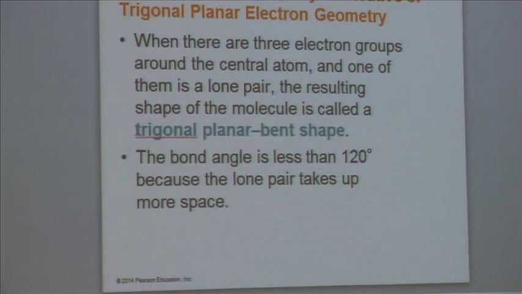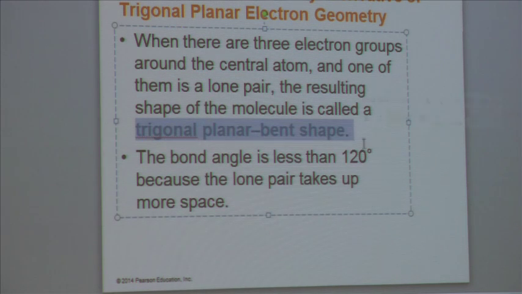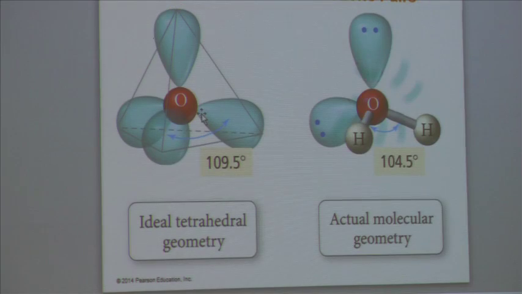So we also can have a trigonal bent planar, such as, here's our ideal trigonal planar geometry, but this is the actual geometry for formaldehyde, C double bond O, CH2.